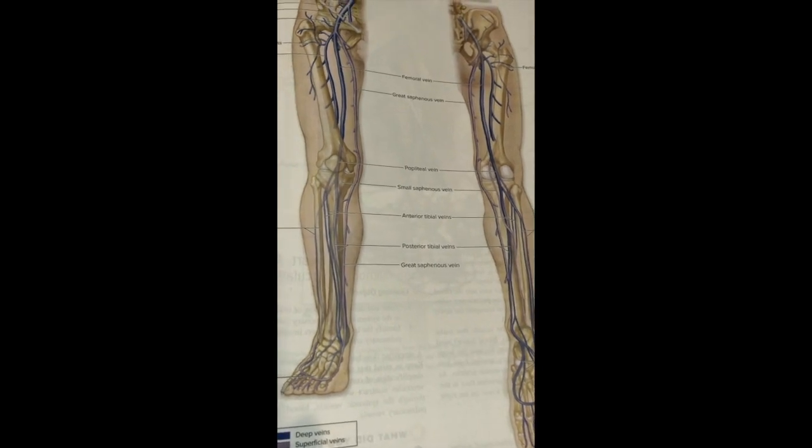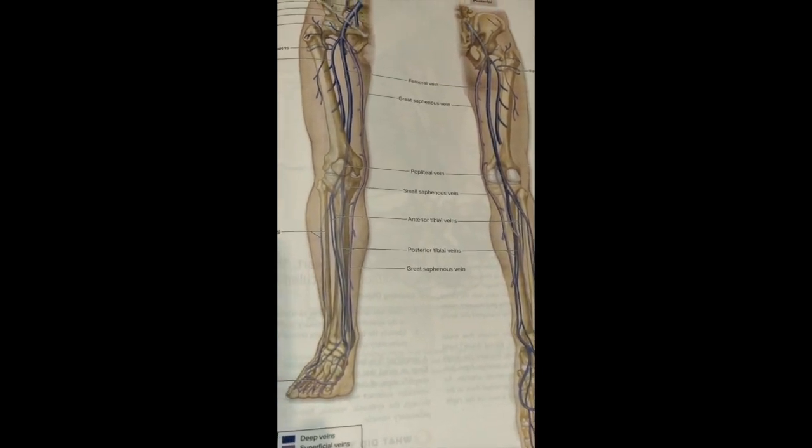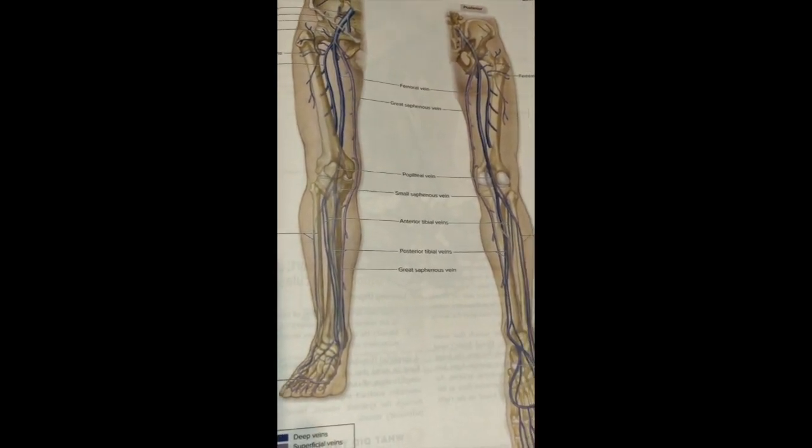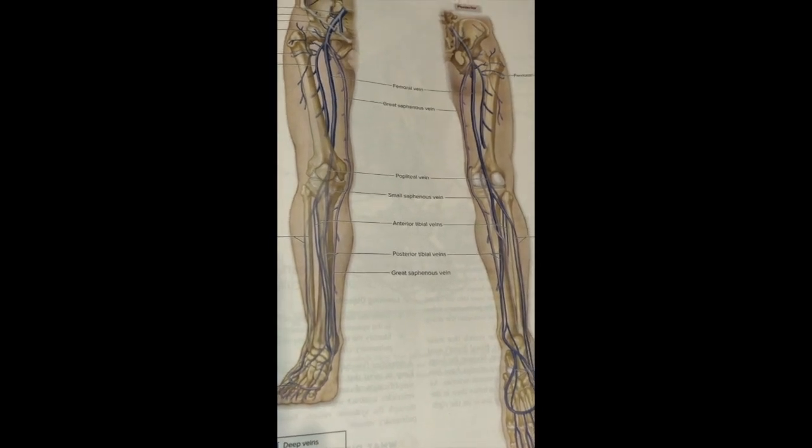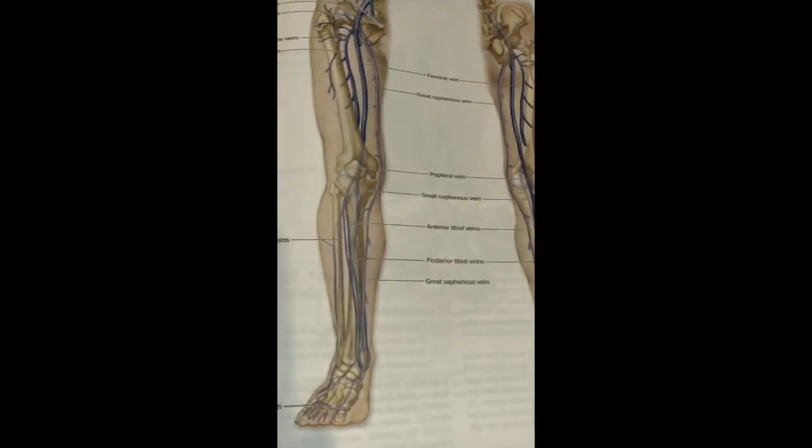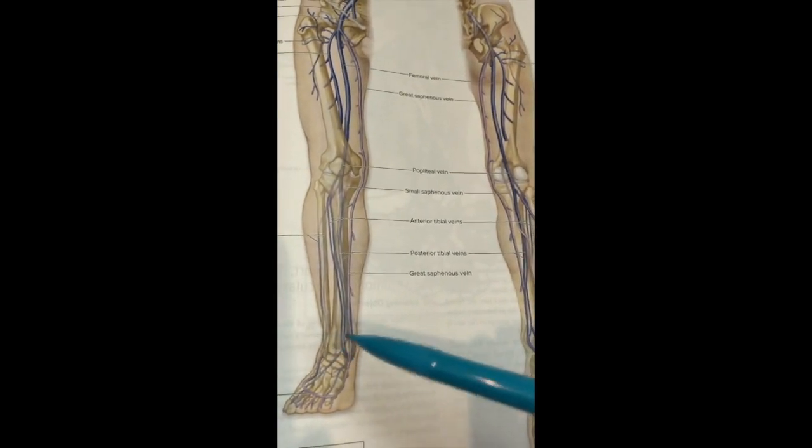And we know that the small saphenous vein drains the lateral aspect and the posterior aspect of the leg into the popliteal vein, and we know that the great saphenous drains the superficial medial side of the lower leg. So we're on the superficial side, and so we're going to take the great saphenous vein back.